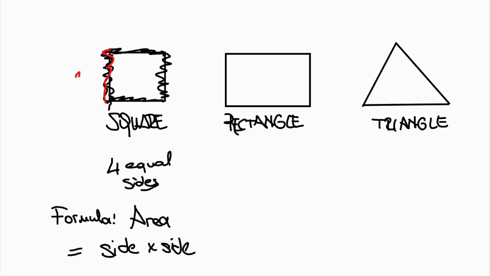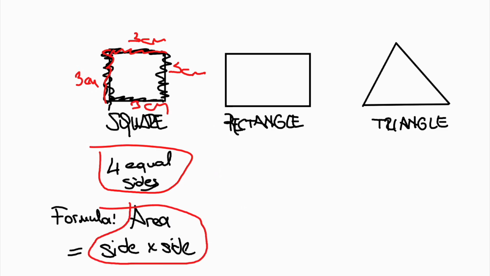Since the square has 4 equal sides, the rest of the sides will be 3 centimeters as well. Area equals side times side, and our side length is 3 centimeters, so 3 times 3 equals 9, which is our square's area.